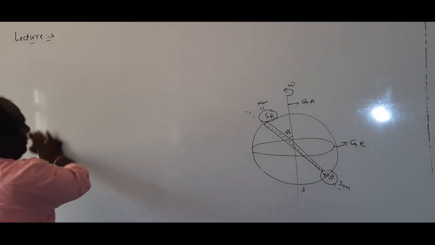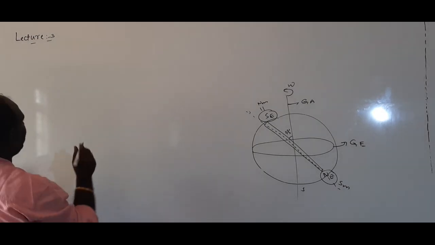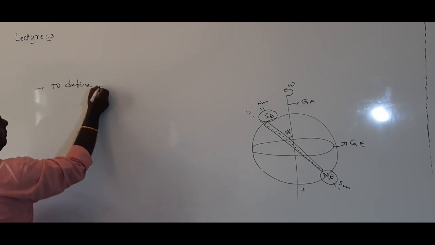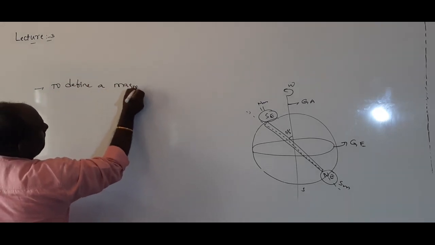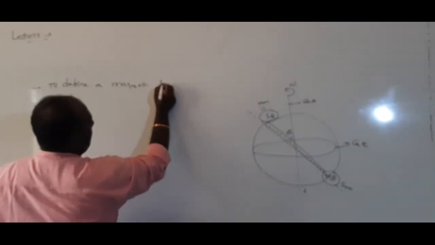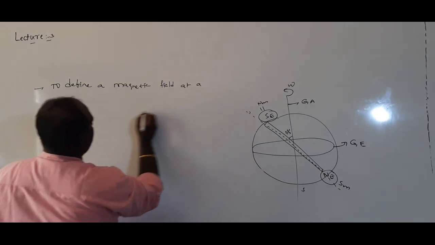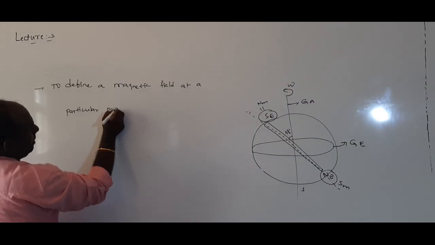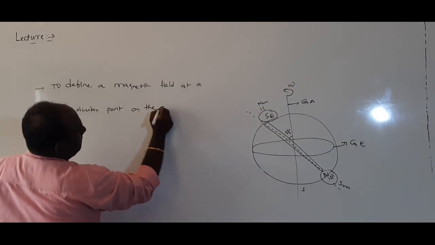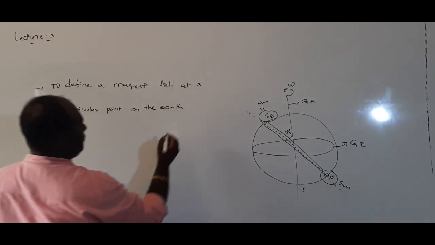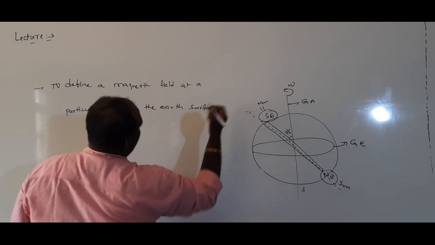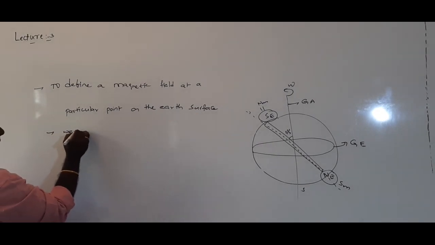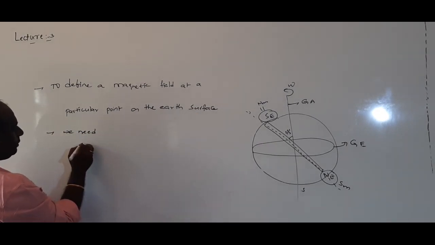I will write the definition. To define the magnetic field at a particular point on the earth's surface, we need these 3 terms.